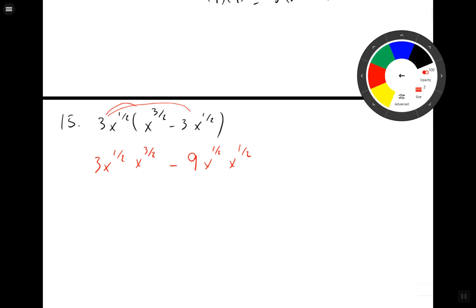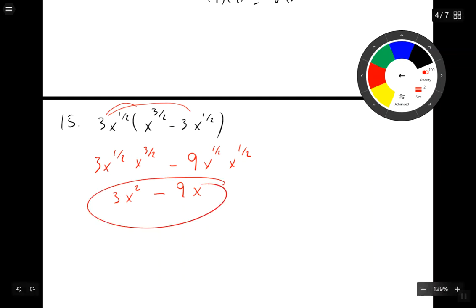What's 1/2 plus 3/2? 4 halves. And what's 4 divided by 2? Does that just become 3x squared? Minus 9, what's 1/2 plus 1/2? Is that just x? Are we done? That wasn't that bad, was it? Is it going to take practice?